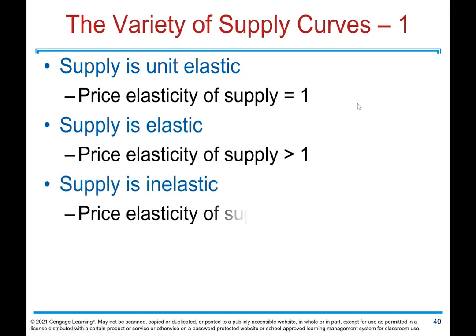The variety of supply curves. Supply is unit elastic when price elasticity of supply is equal to 1. Supply is elastic when price elasticity of supply is greater than 1. Supply is inelastic when price elasticity of supply is less than 1.